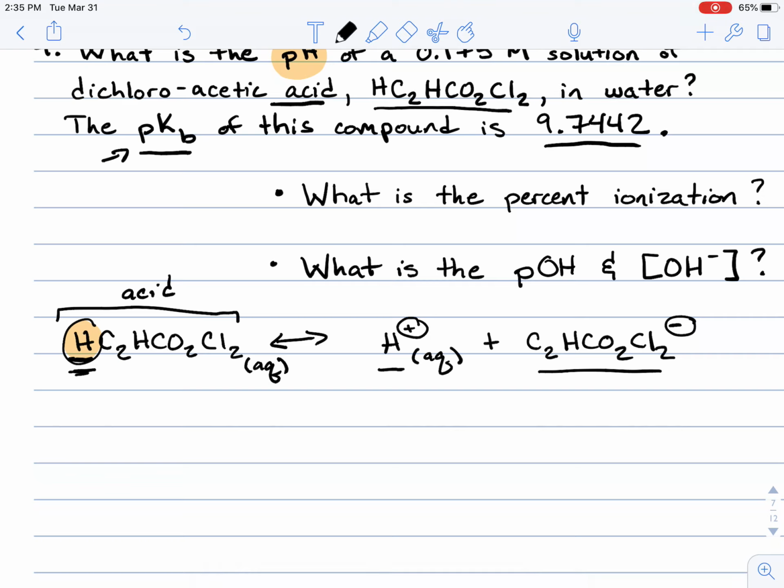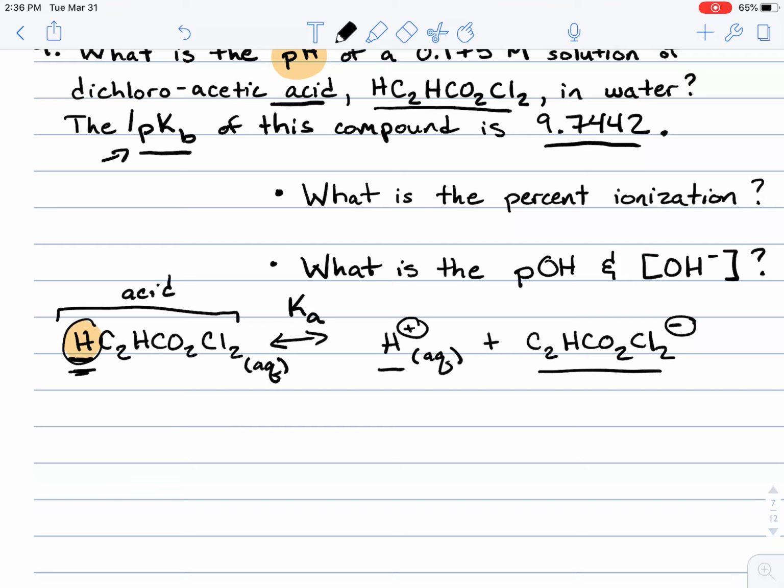So the forward reaction is reflective of the equilibrium constant Ka, the ionization constant for acids specifically.